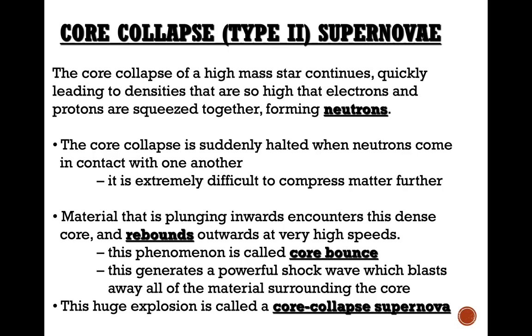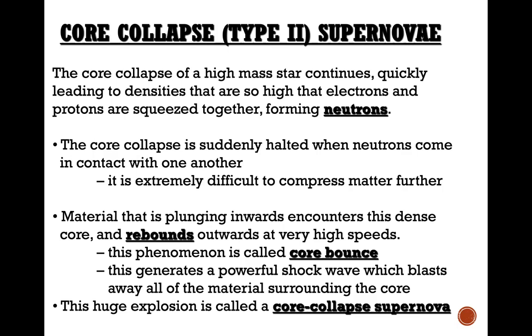Now remember that, comparing this situation with the white dwarf star, a white dwarf is balanced by electron degenerate pressure, because these are low mass stars. Electron degenerate pressure is enough to balance the gravity. But here it goes a step further, and you need neutron degenerate pressure to balance these high mass stars.